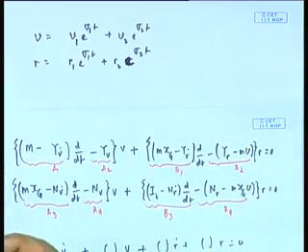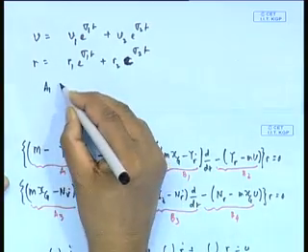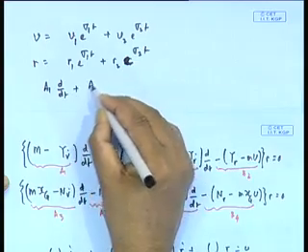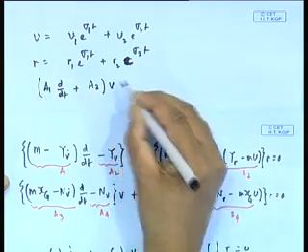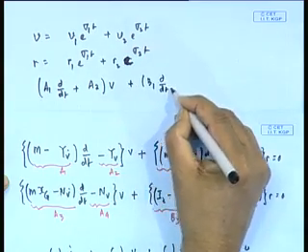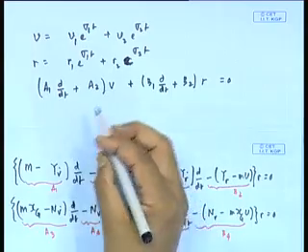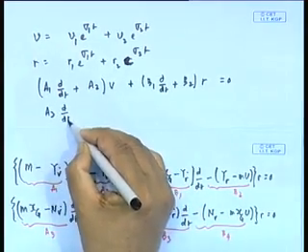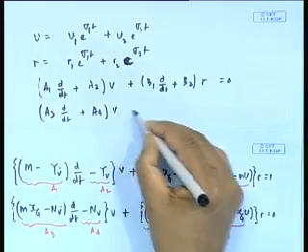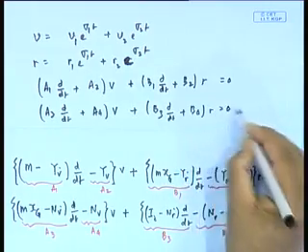Remember again, I have therefore an equation of a form which looks like, if I were to trace it here and write it from here: A1 d by dt plus A2 times v, plus B1 d by dt plus B2 times r equal to 0, and A3 d by dt plus A4 times v plus B3 d by dt plus B4 times r equal to 0.